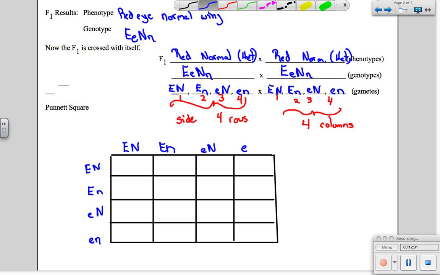My next step is then to go in and fill in my boxes, do my crosses. Fill this in along with me and check your work. Remember, the dominant allele is always written first.